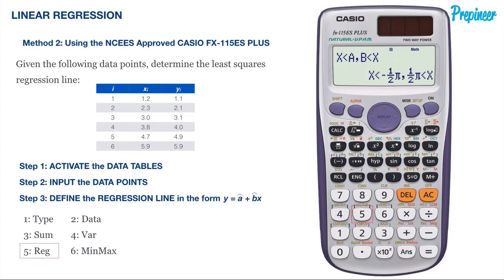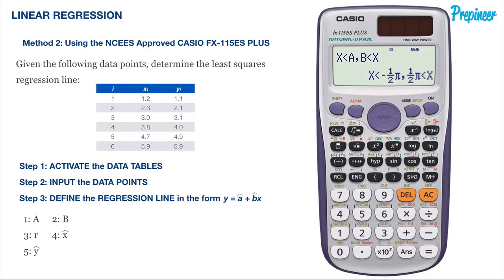Press 5 to select option 5 for regression. You will be now brought to a menu that looks similar to this, and with all of our data stored within our calculator, it is here that we can get a number of metrics for it. We are also able to solve for a certain independent or dependent value based on that data.